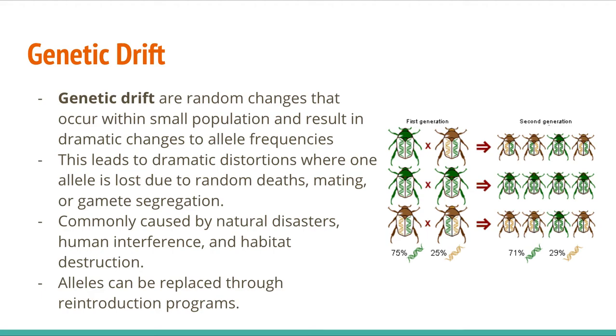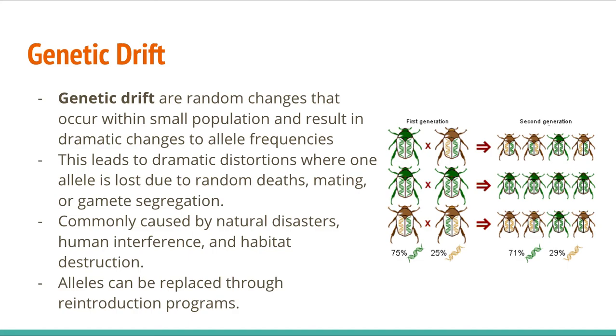So genetic drift is often caused by natural disasters, human interference, and habitat destruction. Anything that just comes in and interrupts the population, especially if it kills off a lot of individuals. But this can happen randomly too. In the diagram I have here, you go from 75% and 25% of certain alleles to 71% and 29%.